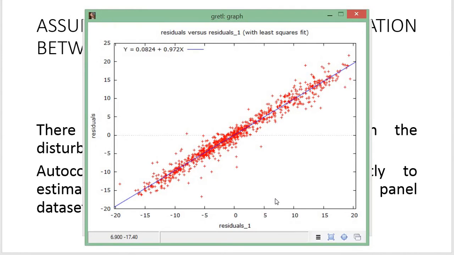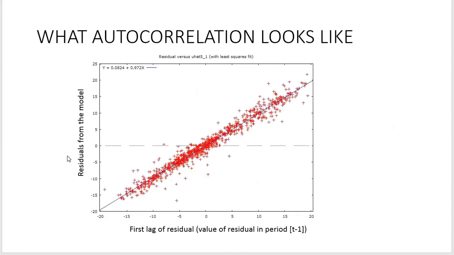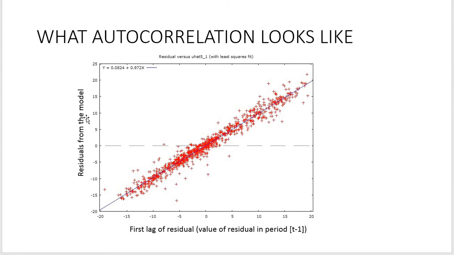Okay, so as you can see, there is definitely a relationship between the residual in period t-1 and the residual in period t, as you can see on this slide, by the way. So if you see something like this, then there is autocorrelation. So the value of the error term in period t depends on the value of the error term in the previous period.